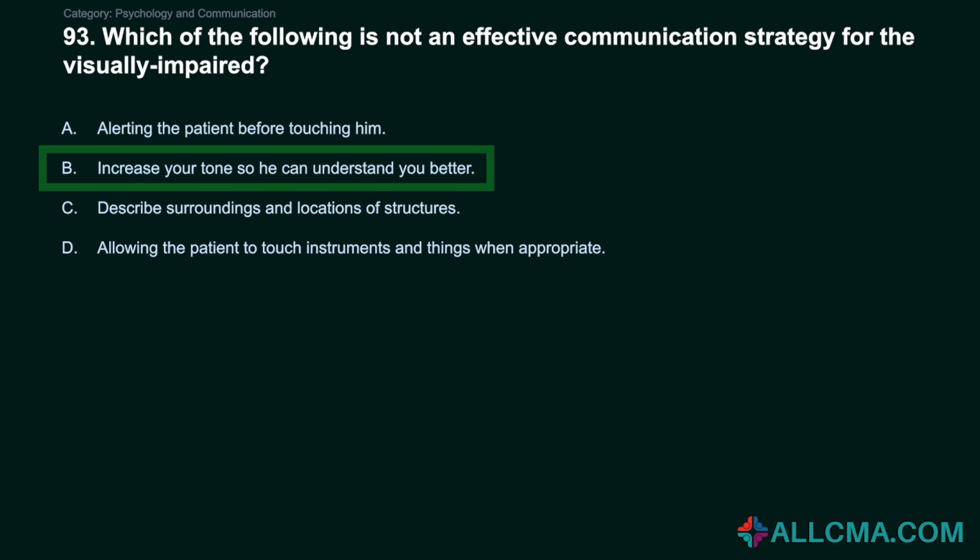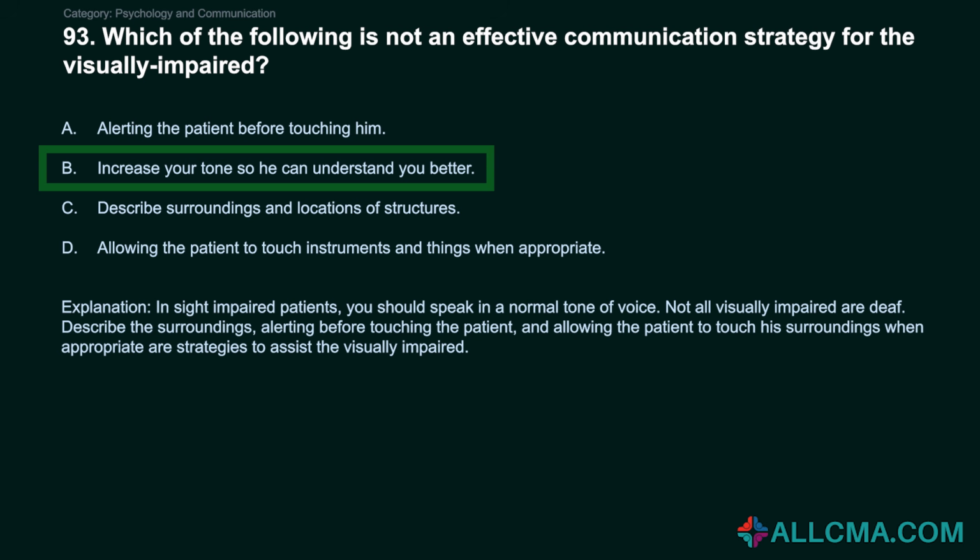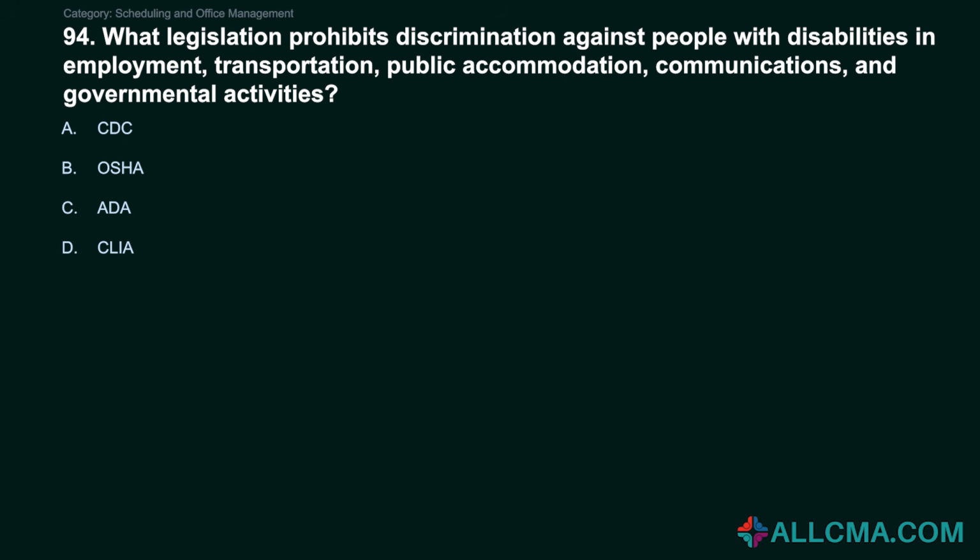Correct answer: B. Increase your tone so he can understand you better. In sight-impaired patients, you should speak in a normal tone of voice. Not all visually impaired are deaf. Describing the surroundings, alerting before touching the patient, and allowing the patient to touch his surroundings when appropriate are strategies to assist the visually impaired.